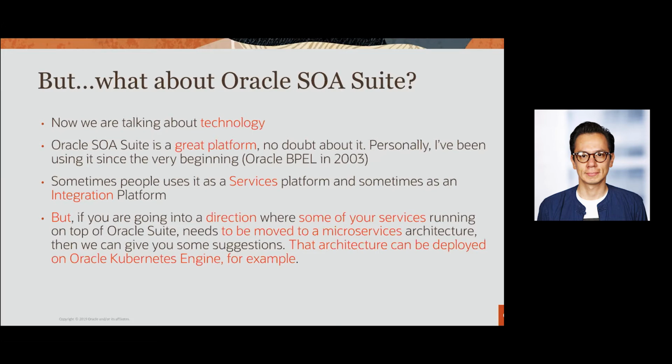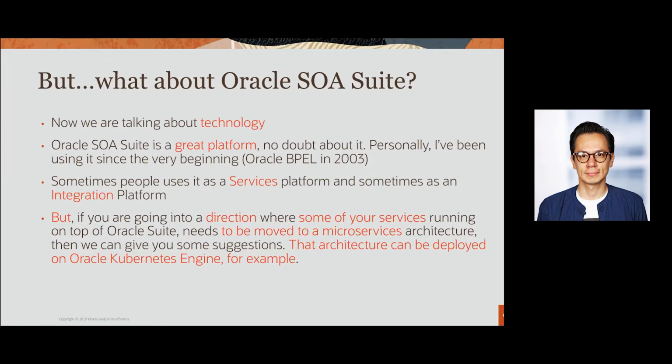Sometimes people use it as a services platform, because it is a services platform. It is a way to build, deploy, manage and operate services. Customers also use the platform as an integration platform. In my opinion, that has different dynamics. If you're really doing services, it has different dynamics than a pure integration need.